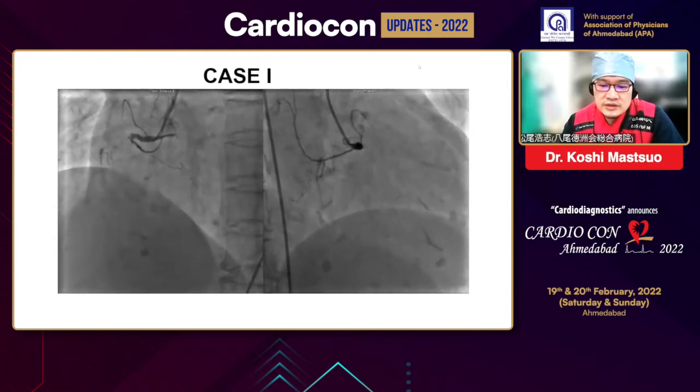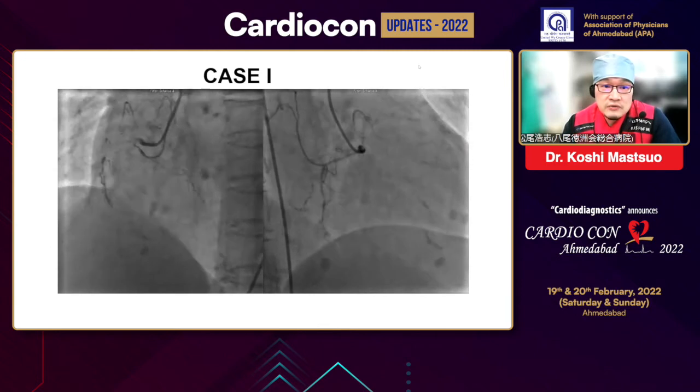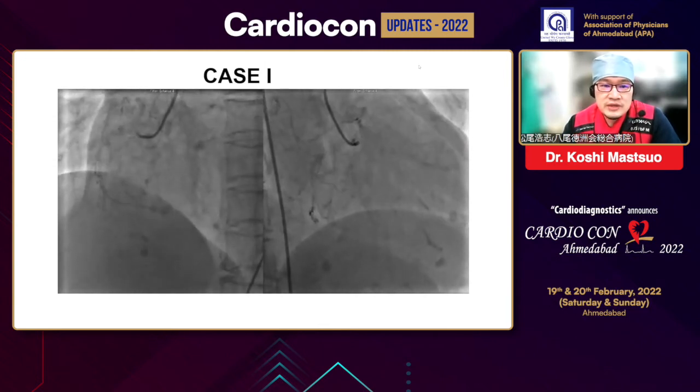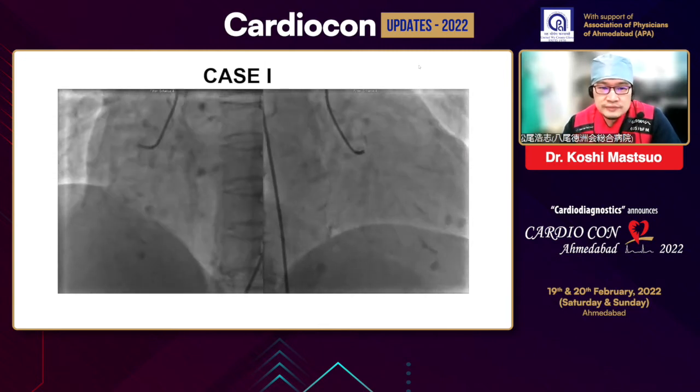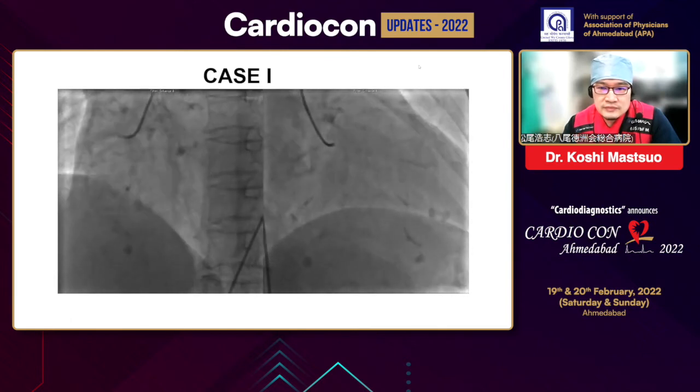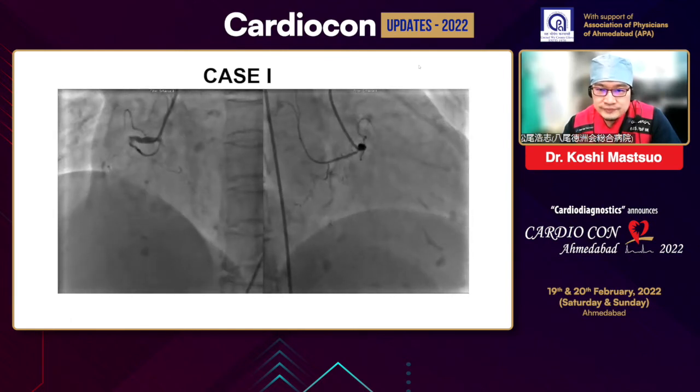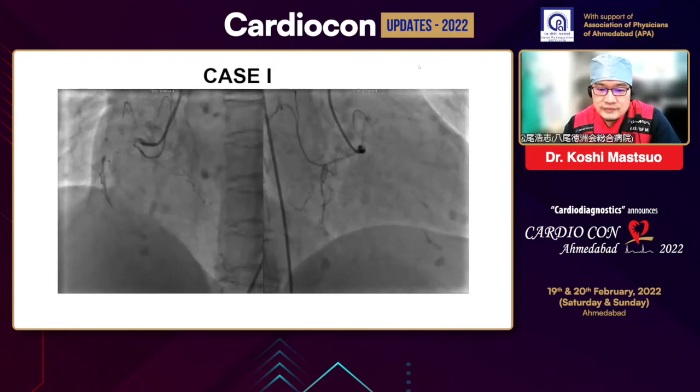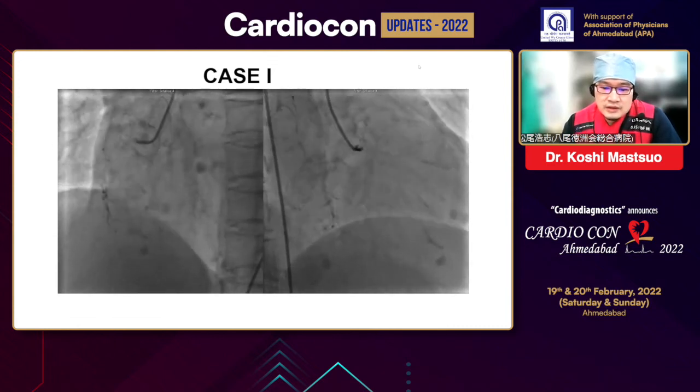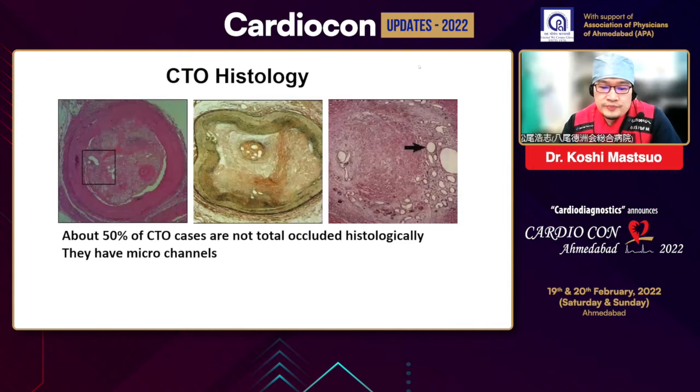This is an RCA CTO case. We can see microchannels inside the CTO. You can see. You know, about 50% of CTO cases are not totally occluded histologically. They have microchannels.